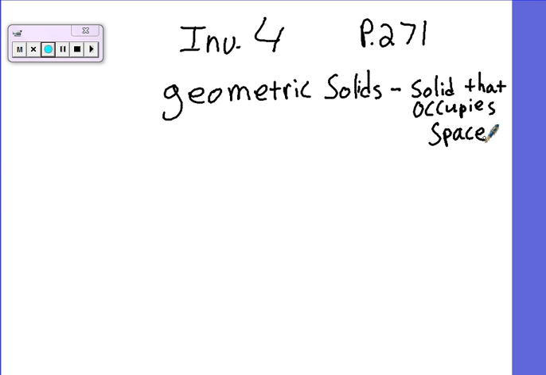There are 3 terms that we want to identify when we're talking about a geometric solid. Face is the first term. The face is the flat shape that makes up the geometric solid.